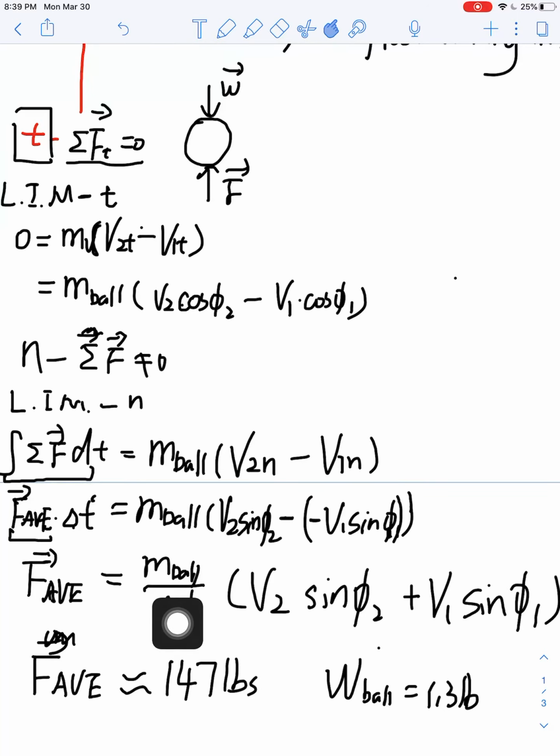Okay, if you look at the expression here, we do know the mass of the ball, since we're given the weight, we know delta t, we know v2, we know v1, and you are able to plug in all the numerical values to solve for the force.